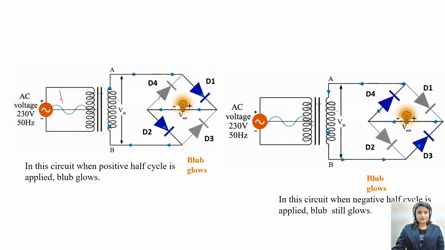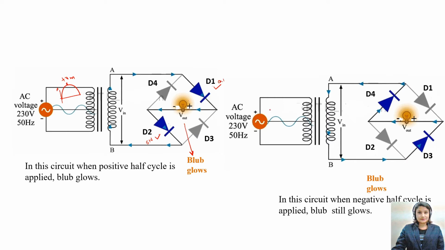When at the primary winding we apply positive cycles with an amplitude of plus Vm volts, the D1 diode and D2 diode become on, and that is why they are shown here in blue. See the direction of the current. The current has started to flow through the bulb, and that is how the bulb glows in the positive cycle, because the D1 and D2 diodes are on.